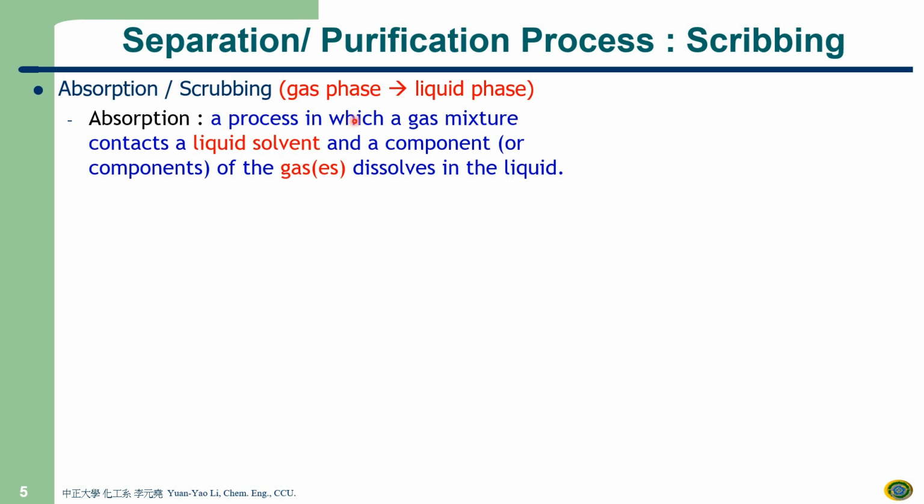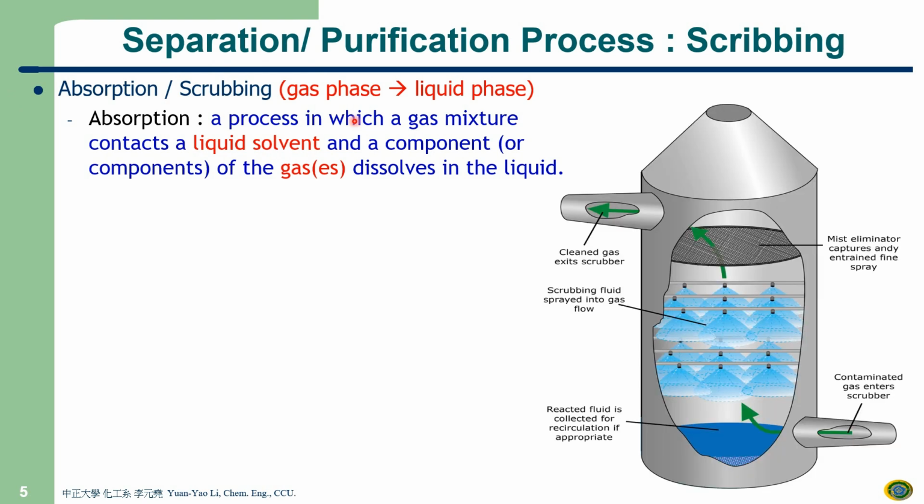And this process is called scrubbing. The machine is called a scrubber. Okay? So this is a scrubber. For example, you have A, B, C, D components in the gas phase, and you introduce gas from here and it goes into this scrubber. S-C-R-U-B-B-E-R, scrubber. Okay, and then you have water here.